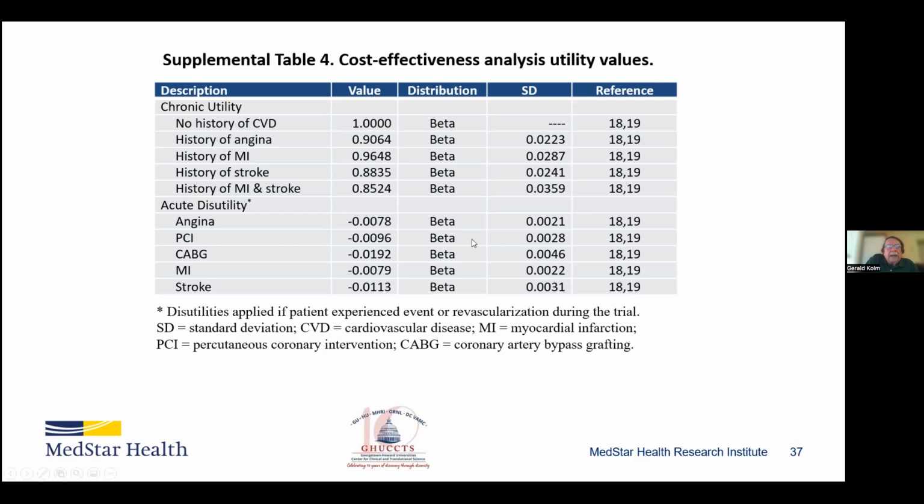But as it may be, this is all predetermined before we start the study. And as I say, we get this information usually from studies that have previously been done, or someone based on data has come up with these values for utility.